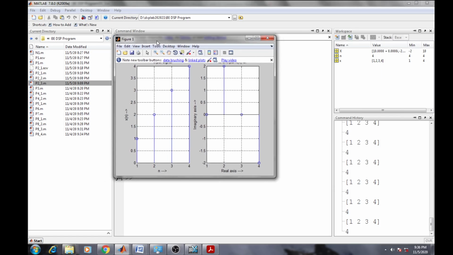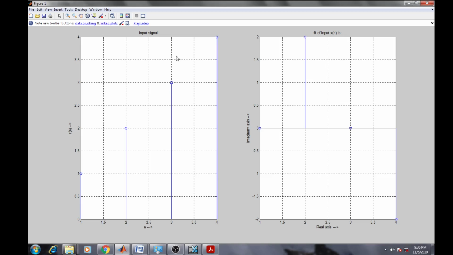Now you can observe this graph here. The input sequence is given as 1 2 3 and 4. This is the input signal, and here on the right-hand side you will see the FFT of the input x of n. I hope you see these blue lines.